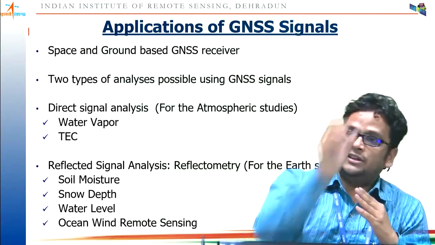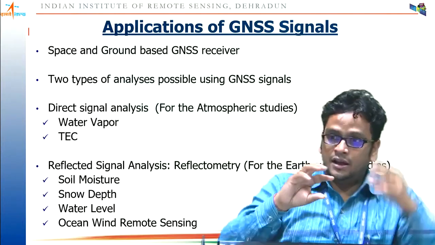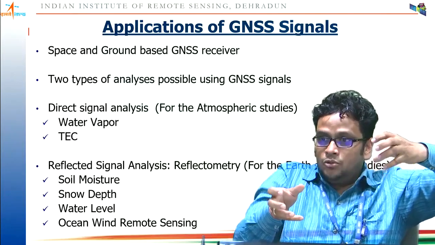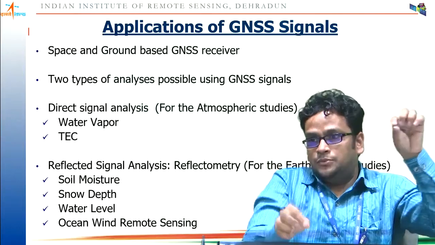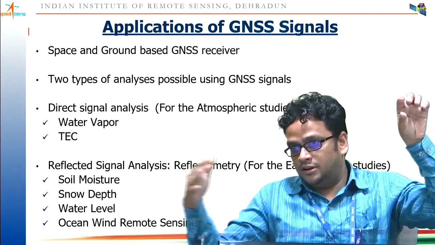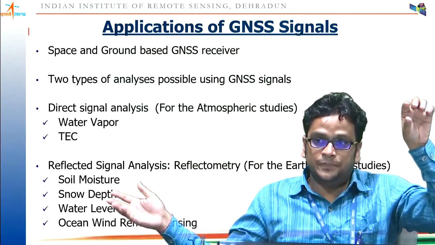It will continuously receive signals from the GPS satellites, but since the motion is there, the low earth orbit satellite is also moving and the GPS is also moving, it may receive the signals only for a shorter duration, and then it will go to the earth's other side and it may not receive the signal.